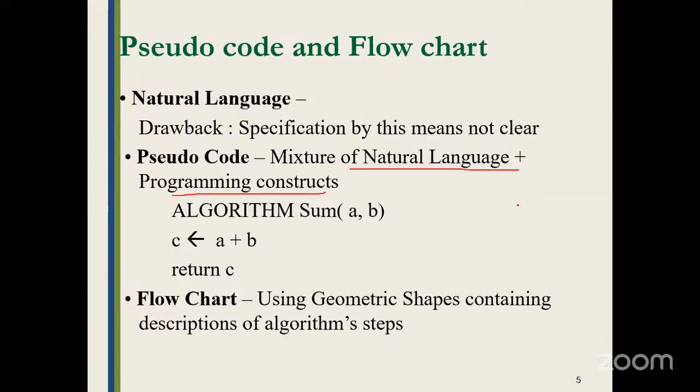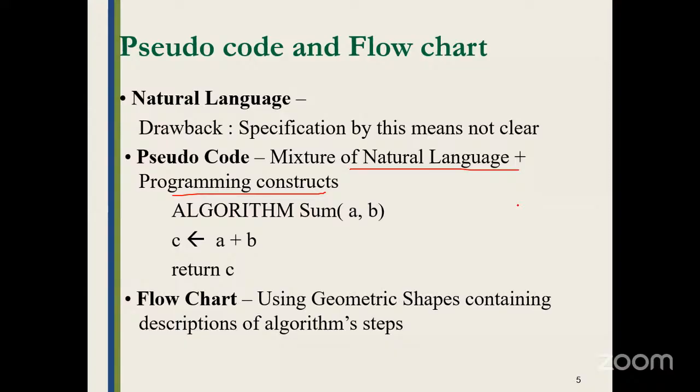So here the point we need to understand is that a pure algorithm is independent of any programming language. We don't use any programming language related terms or any syntactical rules in the algorithm.